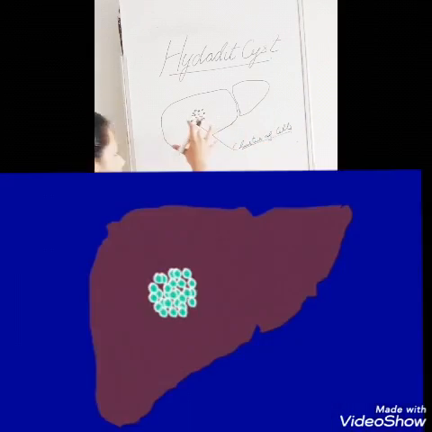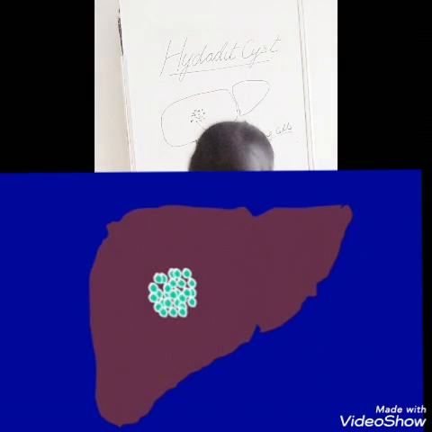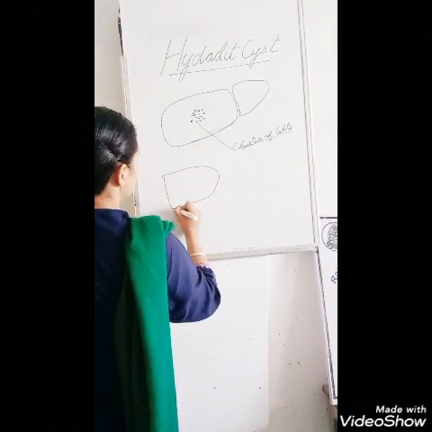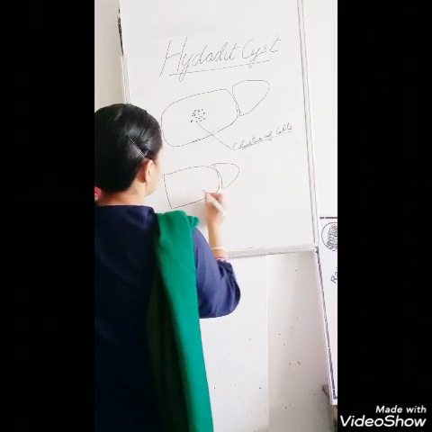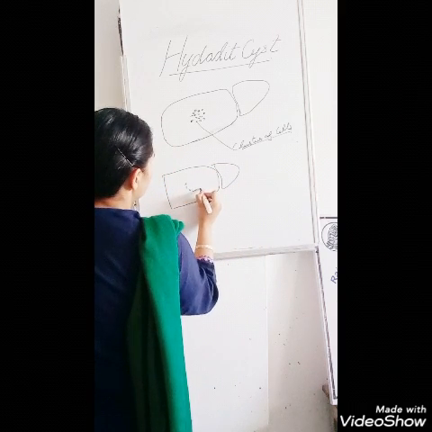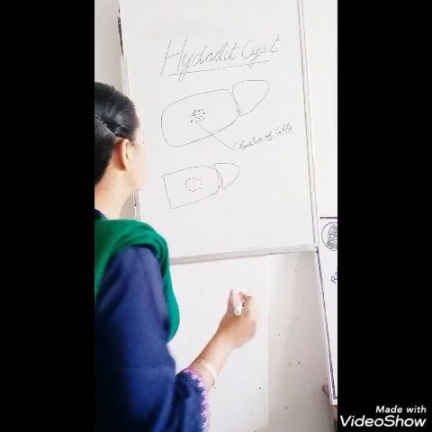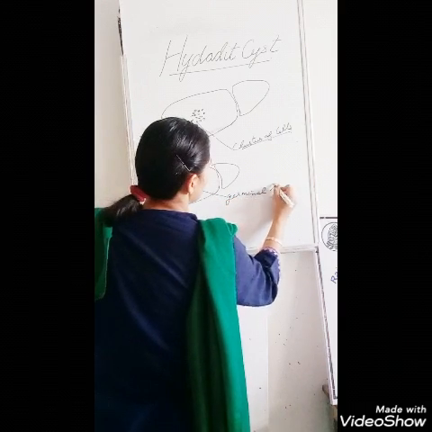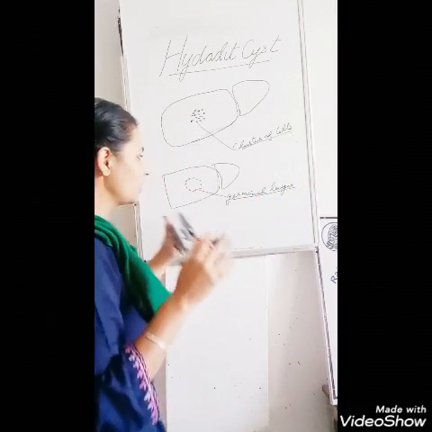Now what happens when this cluster is formed? The cells will organize in the surroundings and form a layer, a germinal layer. It is a very thin layer.